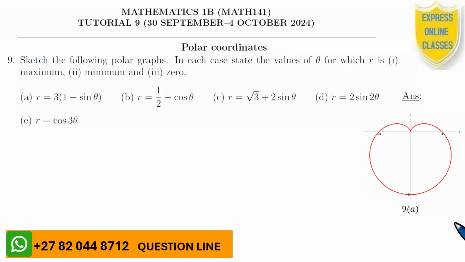So now let us deal with 9a. Now to deal with 9a, there are a couple of things you need to take into account. We have been given r equals 3, 1 minus sine theta.